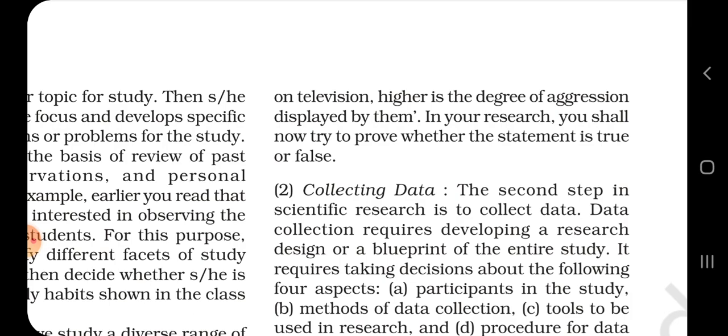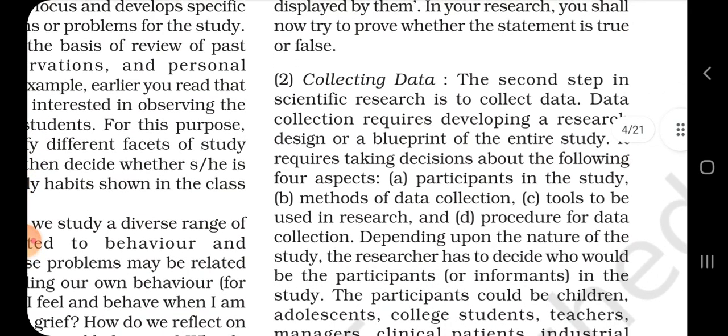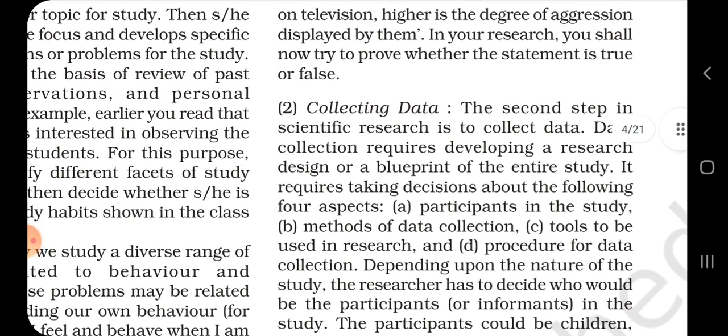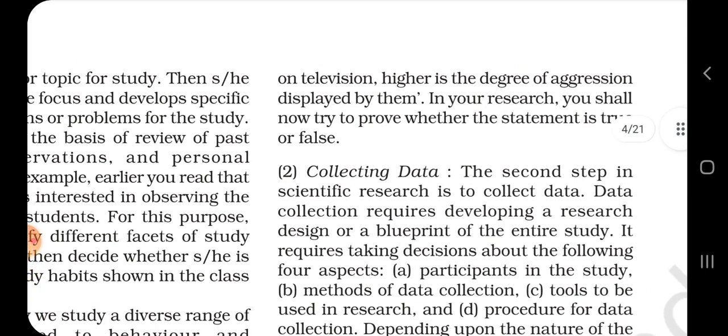In your research, you shall now try to prove whether the statement is true or false from your study. That means after the hypothesis is made, you have to prove whether the statement given by you is true or false. You have given the statement based on your observations or after reviewing previous articles or research conclusions.